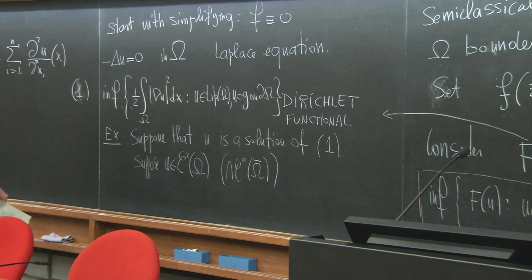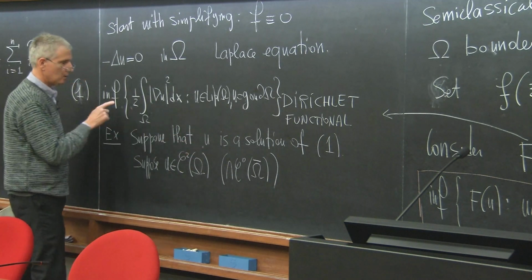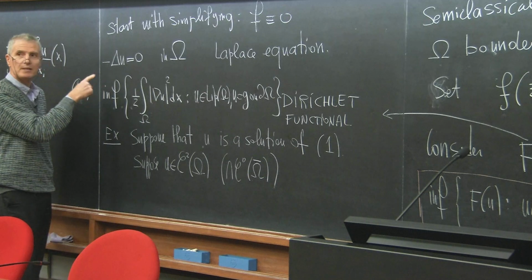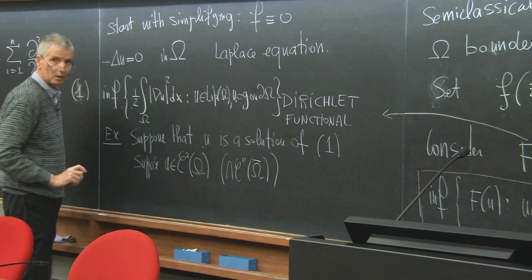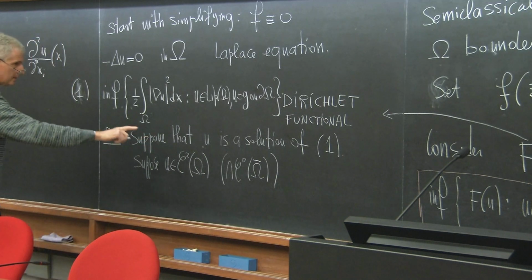And now I want to show you that if I have a minimizer of this problem, so this infimum is a minimum and is attained exactly by this u, what do I mean that this has a solution?